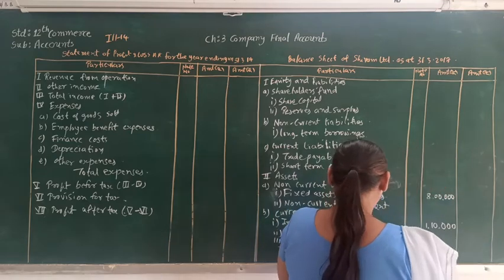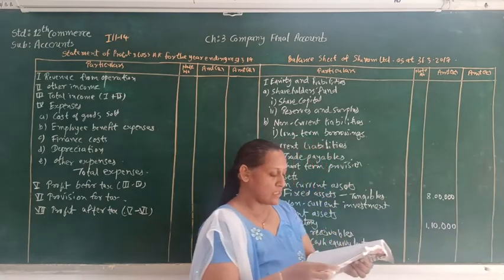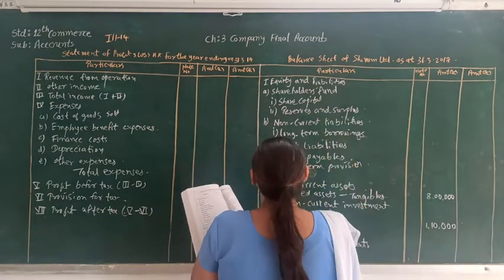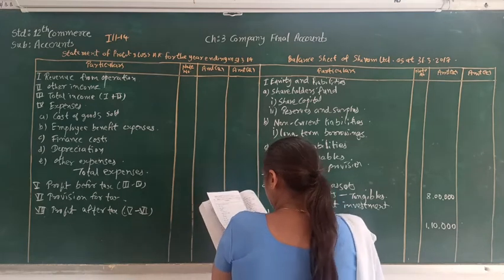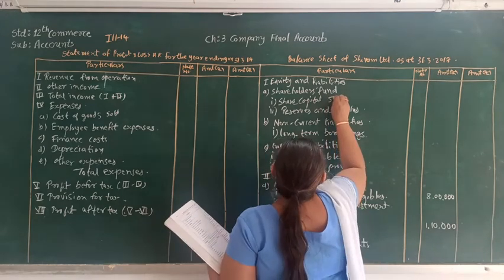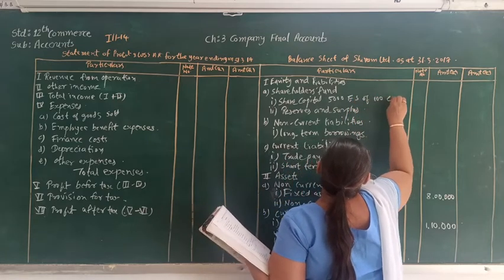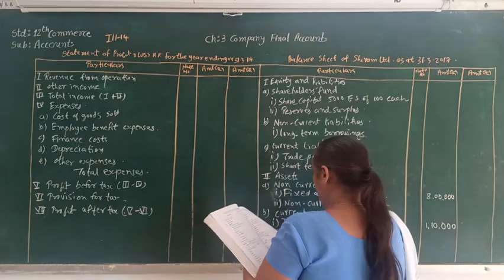Then the next one is 5,000 equity shares of 100 each. That will be under equity share capital, and that will be 5 lakh.